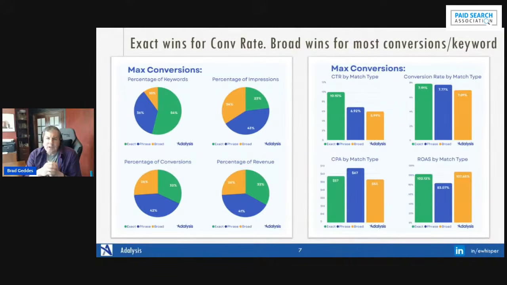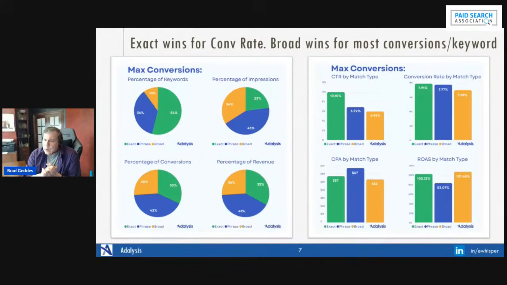So exact match, best click-through rate, the best ROAS, again, ROAS doesn't matter, right? And the best conversion rate by a little bit, not a lot, right? Phrase match, lower click-through rate, a little bit lower CTR or conversion rate than exact, a higher CPA than exact, a higher CPA than broad.